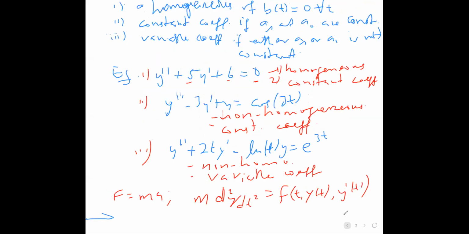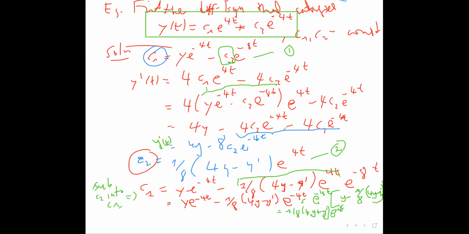Okay. We want to find the differential equation that satisfies this solution. First step, take C1. Make C1 the subject of your equation here. This equation, let's call it A. When you do that, you have C1 is equal to this.